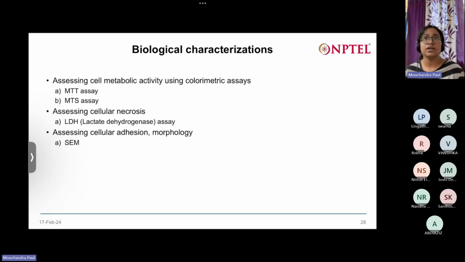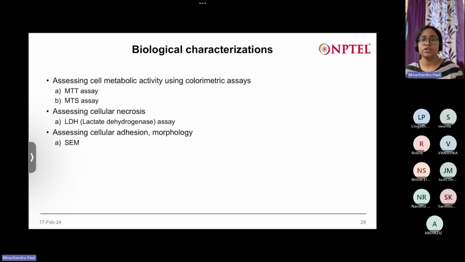If the cell is doing metabolism, it also indicates that the cell is viable. Then it also indicates that the cell is proliferating very well. As the metabolic activity increases, it is directly proportional to a higher proliferation rate.